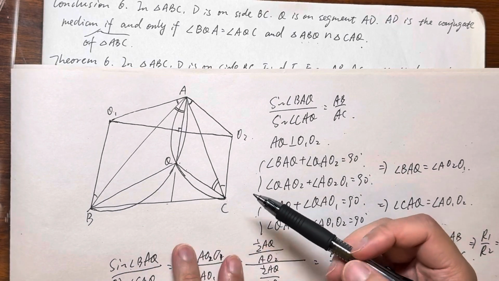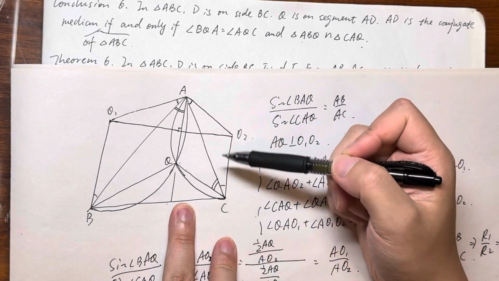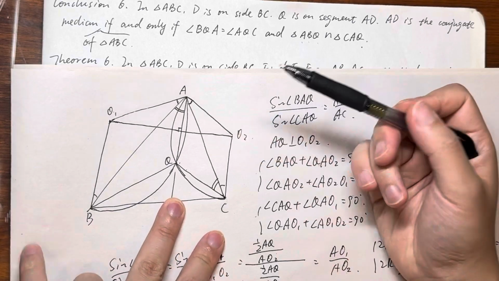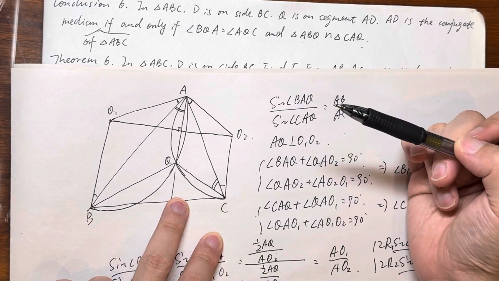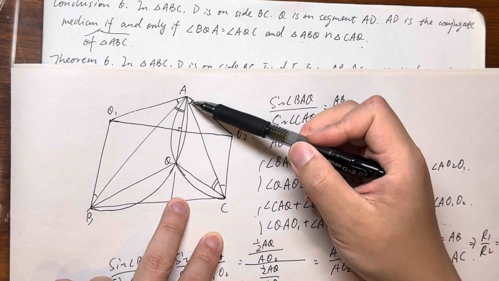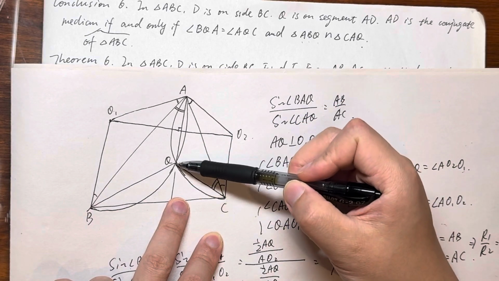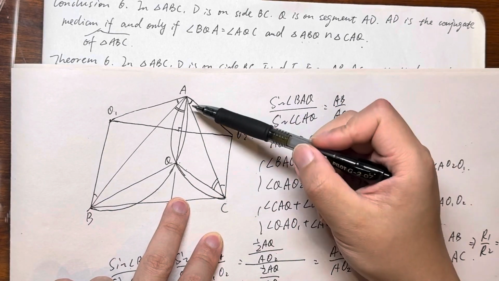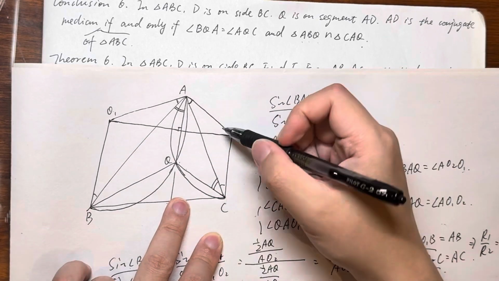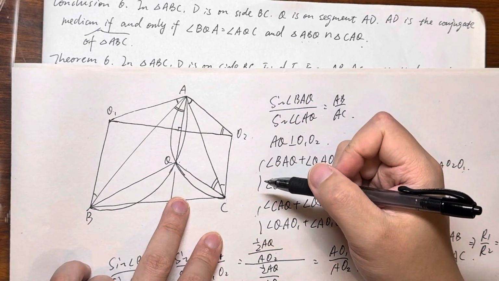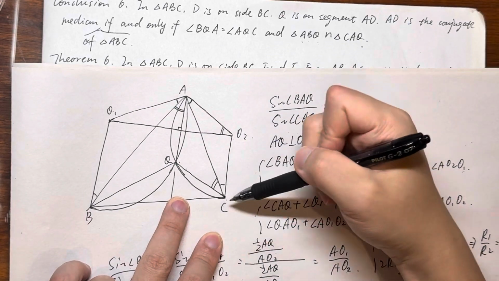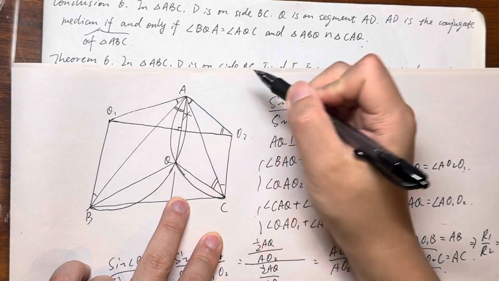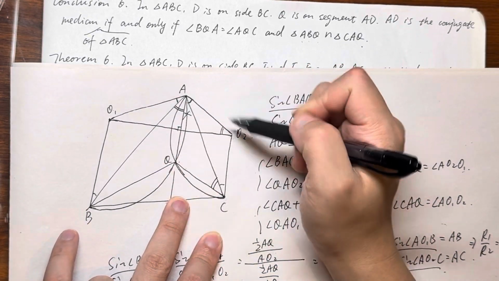And we can find this O1, O2 in a similar way, and we know that angle ACQ equals angle AO2O1. Similarly, we can demonstrate that angle CAQ equals angle AO1O2.